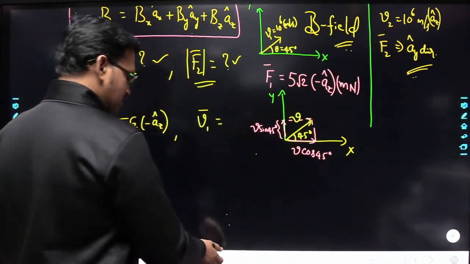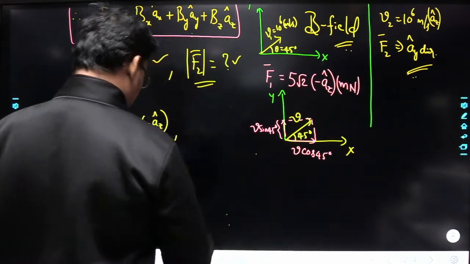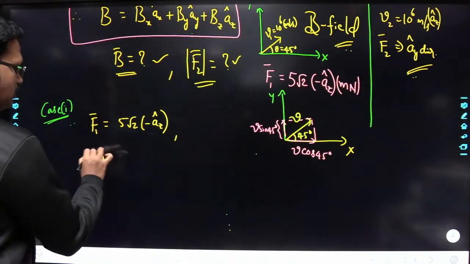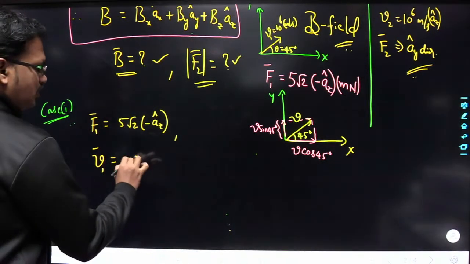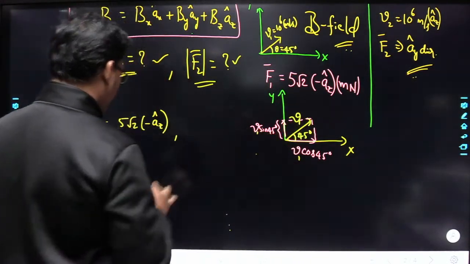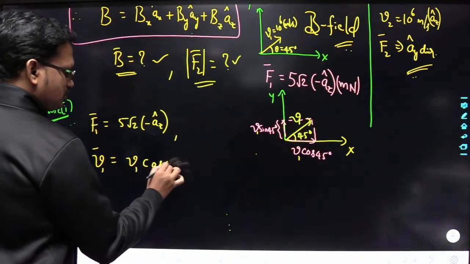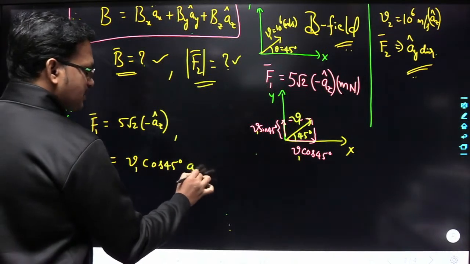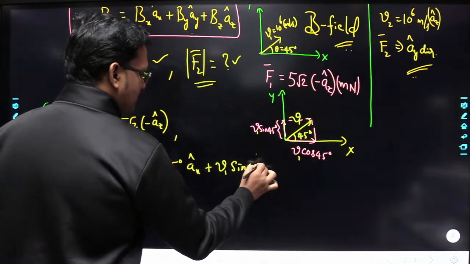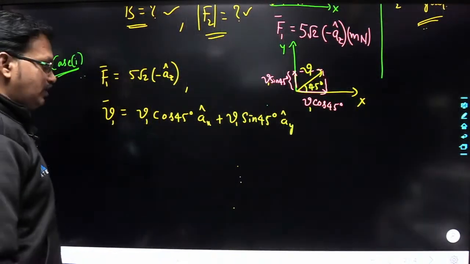So V1 bar is equal to V1 cos 45 degrees AX cap plus V1 sin 45 degrees AY cap. In this manner you have to write the velocity vector.